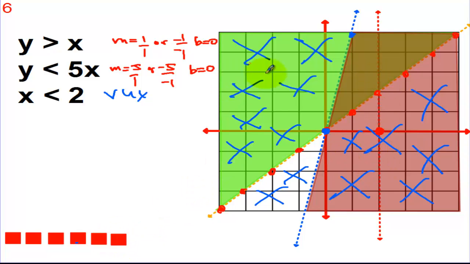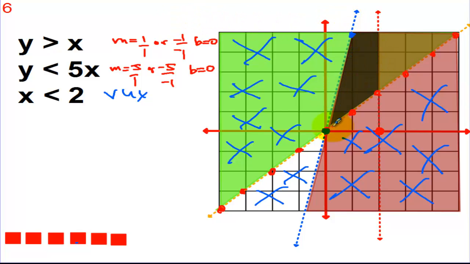Since we know that the intersection or the overlapping of these 3 inequalities will just be confined on this area, when I shade the left side of this red line, I'll just shade this area. And this will be our intersection or the overlapping of the 3 inequalities. So all points on this boundary line will not be a solution to the system because we have here a dotted line.